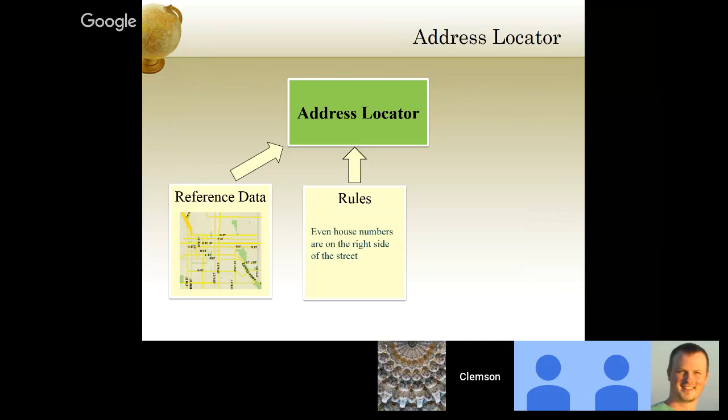So it could say that it knows even house numbers are on the right side of the street in your area. It will also have rules for how much flexibility is built in. So a human could see the letters AVE and know that means avenue. You generally need to tell a computer that those are the equivalent thing. So we can build in some flexibility to it.